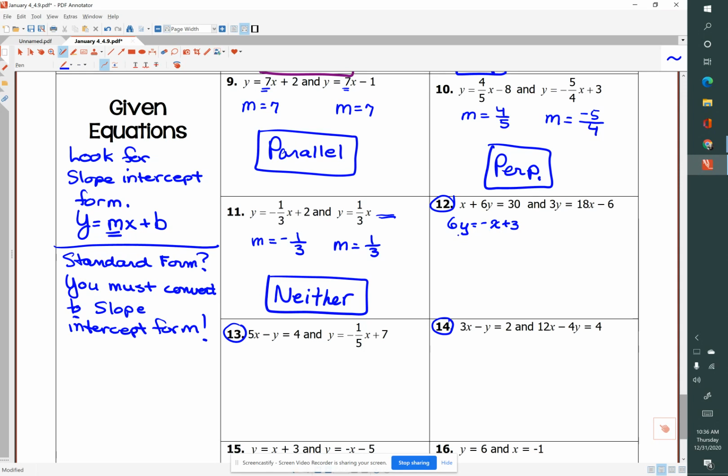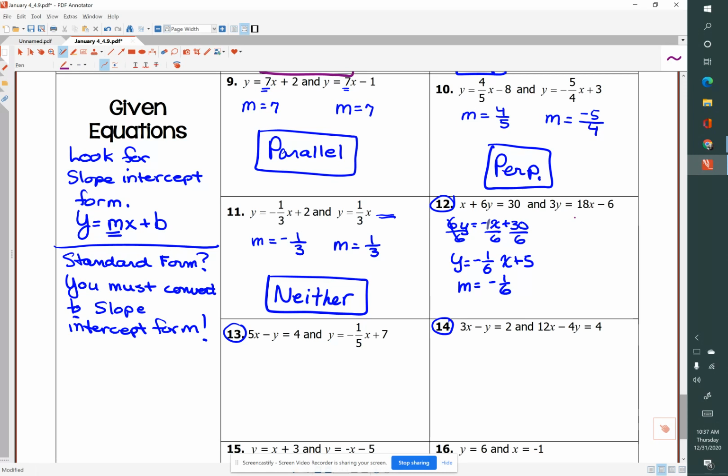And if I divide both sides by 6, I end up with y equals negative 1/6, because we have an invisible 1 here. Don't forget that. So y equals negative 1/6 x plus 5. So our slope here is negative 1/6. Now let's change our color for the second problem.